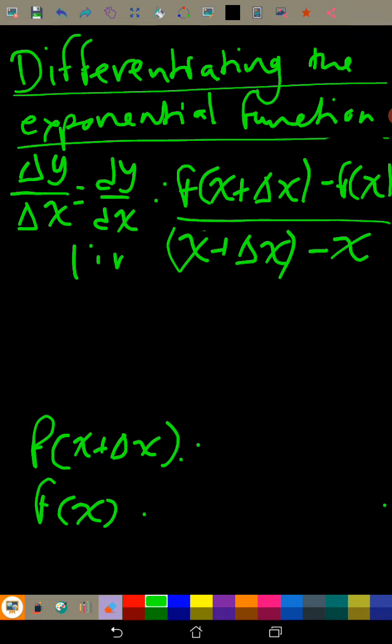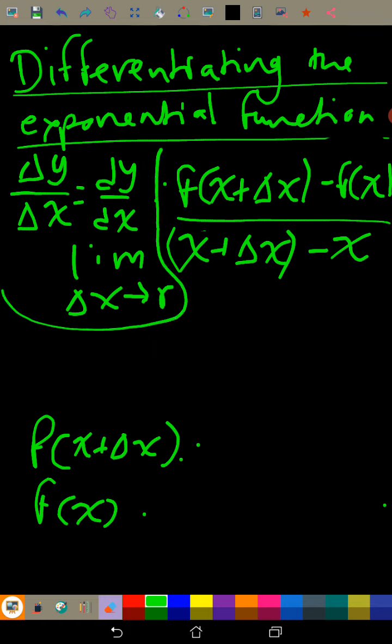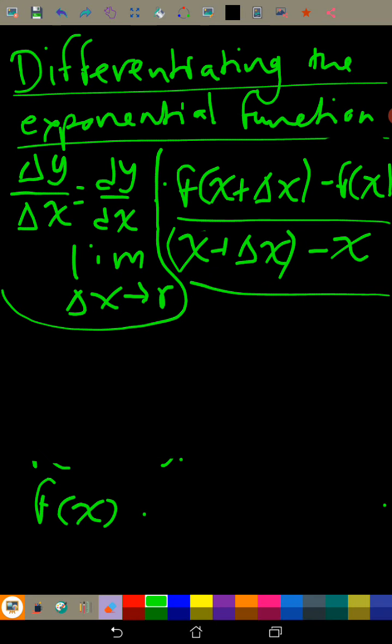I see they mentioned that it's when delta x is small, of course. And so we have this, and so the function is, I will erase here to make some space.